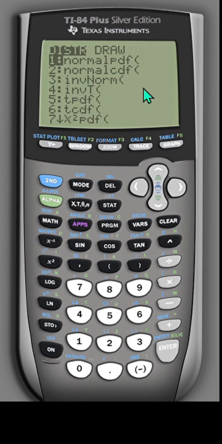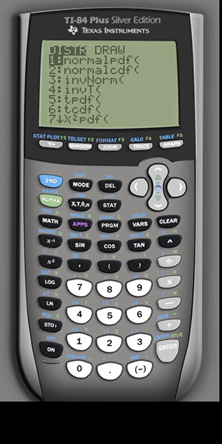We're going to talk about the first one, which says normal PDF. The normal PDF computes the probability density function, or PDF, for the normal distribution at a specific x value. The defaults are mean mu equals 0 and the standard deviation sigma equals 1.